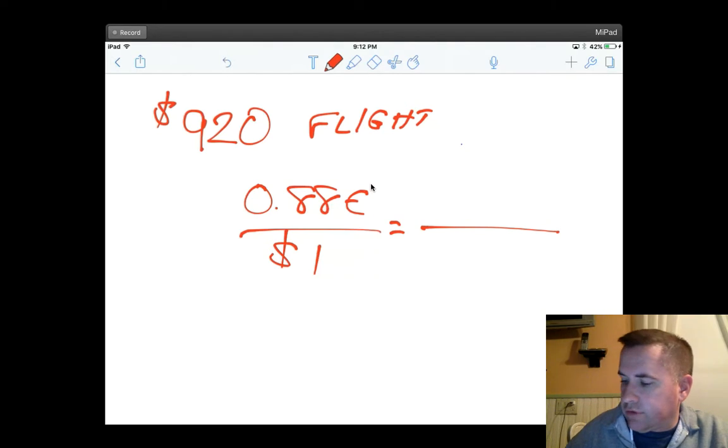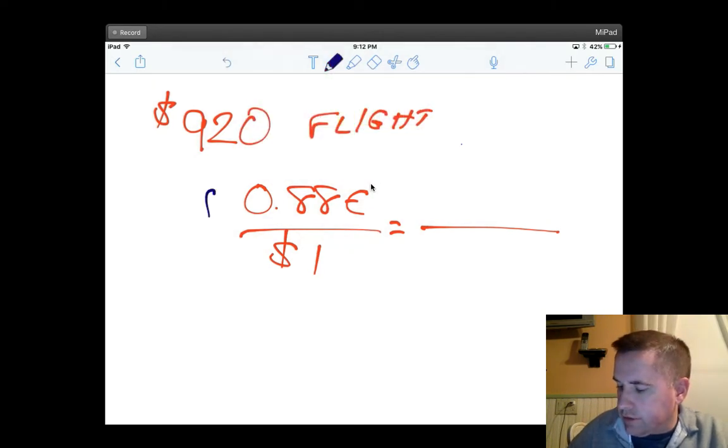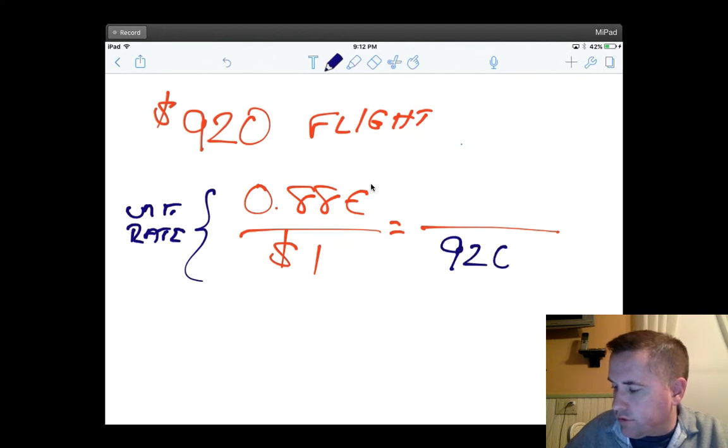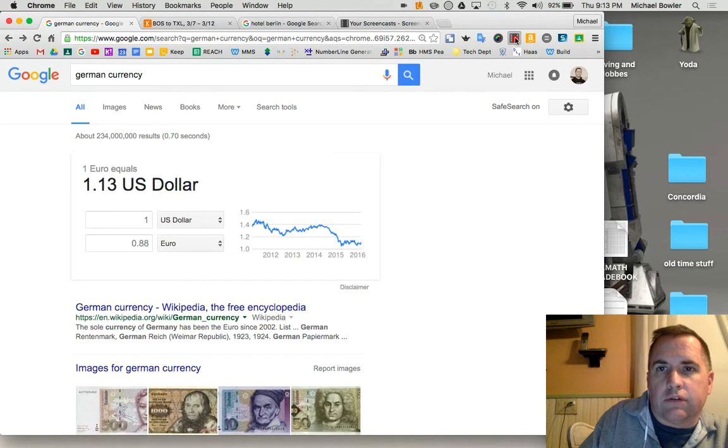Then to do the currency conversion, just as we've been doing in class, this is the unit rate per $1. Well, we want to know how many euros that would be per $920.